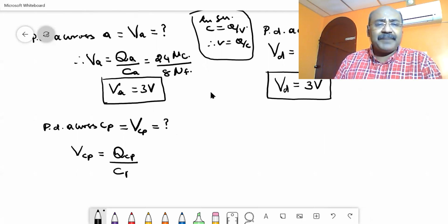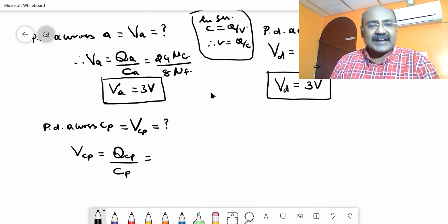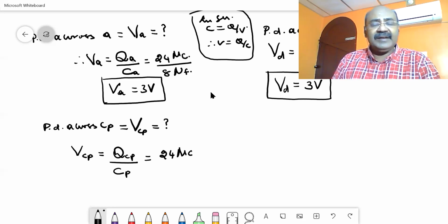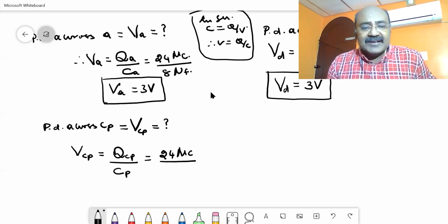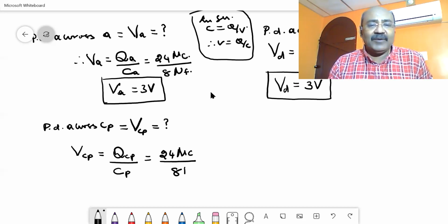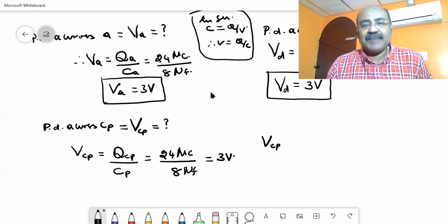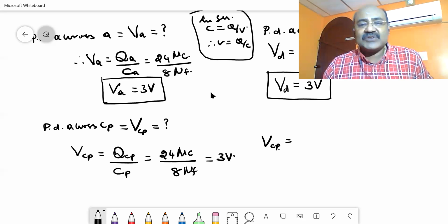Isn't it? What is Q? Q is again the same value, 24 microcoulomb, divided by CP, which is again 8 microfarad. So we get 3 volt. So VCP, the potential difference across CP, is also 3 volt.